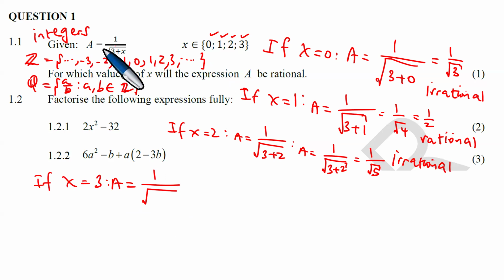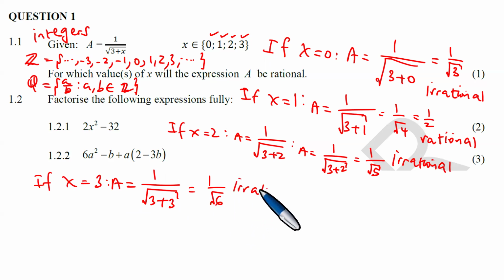So now a is 1 over the square root of 3 plus 3. What is 3 plus 3? 6. And the square root of 6 itself, on your calculator, is irrational.